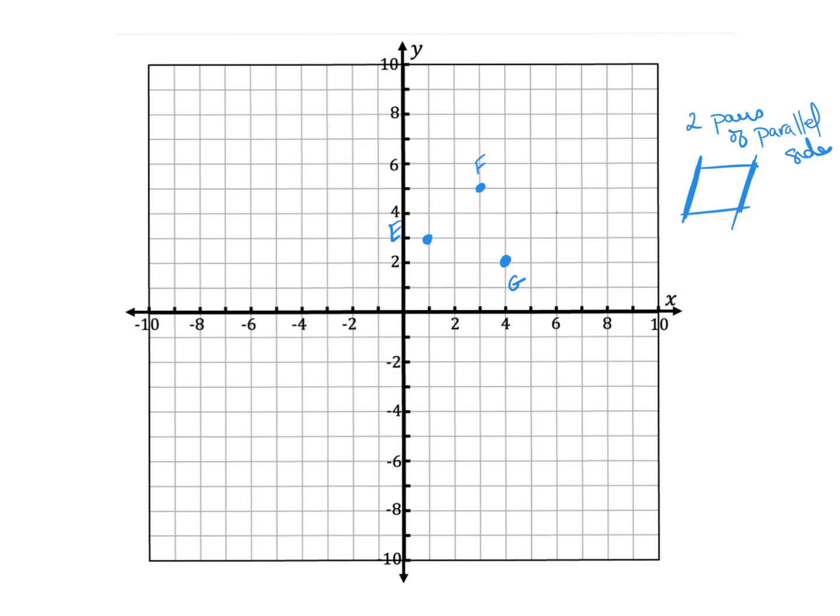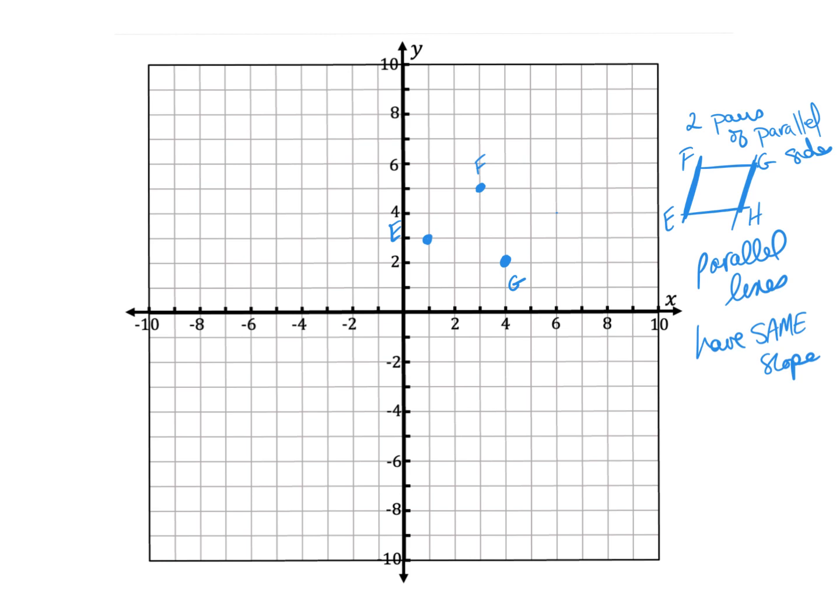Now, think way back to when we did graphing of lines. Parallel lines have the same slope. Okay, so that means E and F have to have the same slope to be parallel to GH.